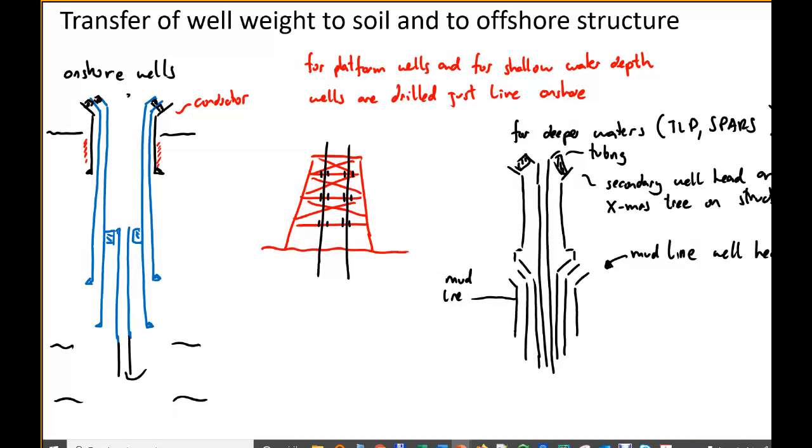So that means that they are holding the weight. Actually, this weight is being carried by the structure, the weight of all of these parts, carried by the structure.